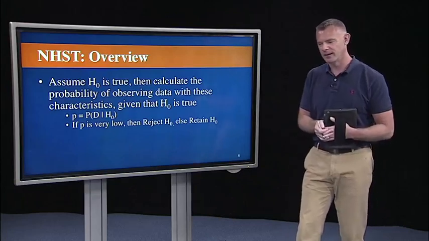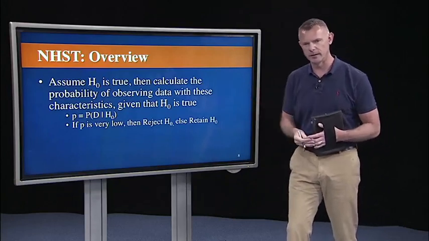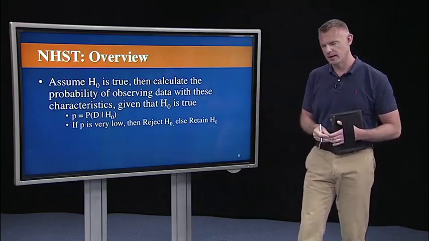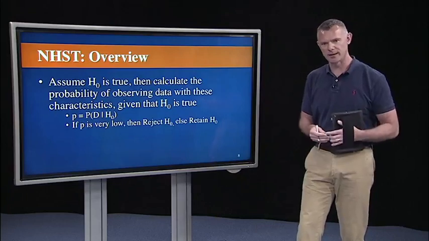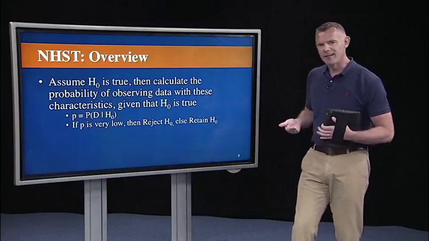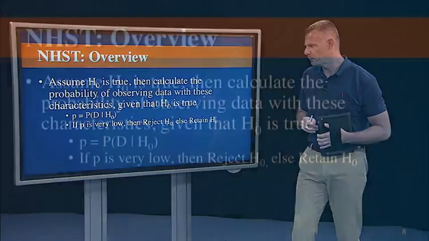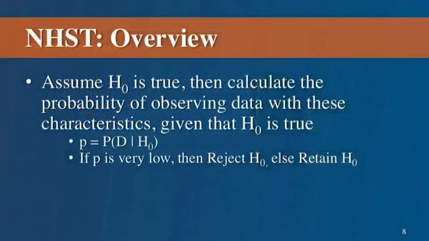Very rarely do we develop theories that predict no relationship between two variables. Jonas Salk didn't predict that his vaccine wouldn't work. So it's rare that we're looking for no relationship. So it's a little bit weird and backwards. But anyway, that's how it's going to work.